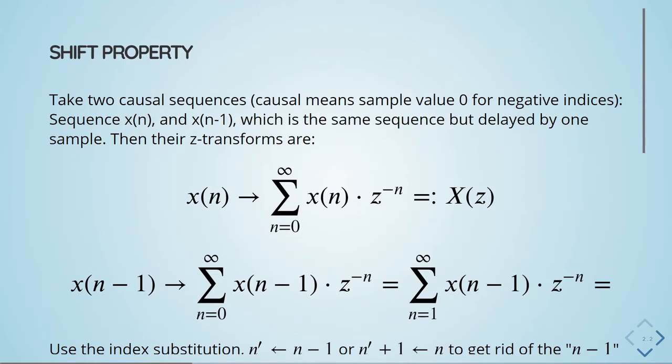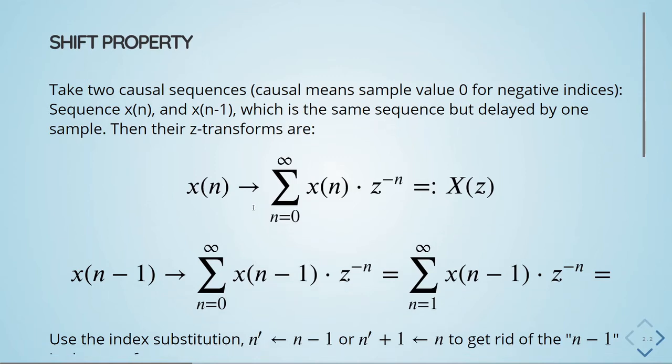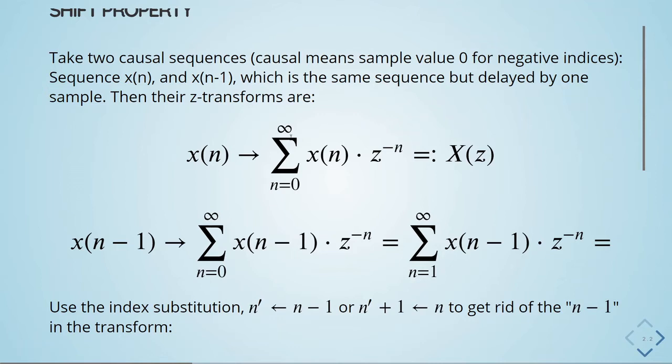If we take two causal sequences, where causal means that n starts at n equals 0, so we don't have values for negative indices. If we have a sequence x of n and a sequence x of n minus 1, which is the same sequence but delayed by one sample, and we take their z-transforms, here's the z-transform of the sequence x of n, and here's the z-transform of the sequence x of n minus 1.